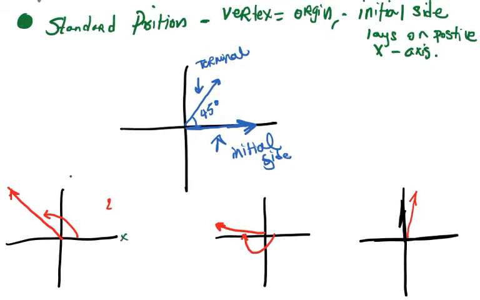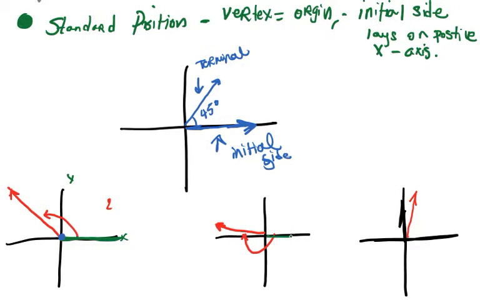We know this is x and we know this is y. So the positive x-axis would be this here. We know that's there. And of course our vertex would be here. Let me put that in blue. We know our vertex is there. Now, before I identify the sides, let me do it for this one here.